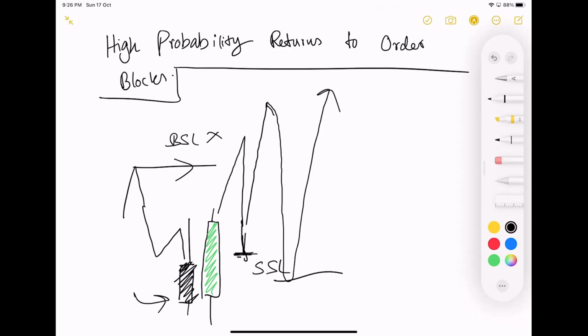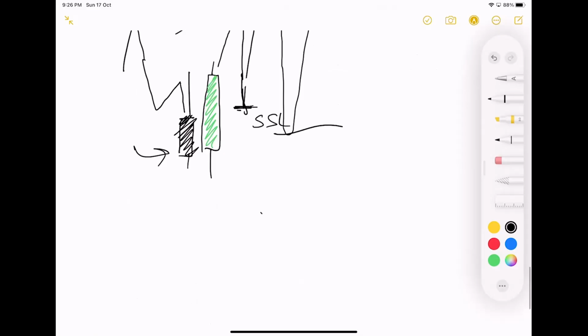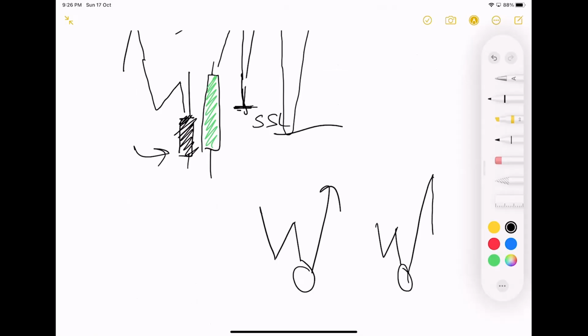So this is your classic inducement into an order block, and this is another scenario where an order block is highly probable. This says that you have two high probability returns to order block scenarios, not just one. Your first one is you have the stop hunt, order block forms inside that area. Then you have stop hunt, order block forms there, goes up, engineered liquidity here, and then price comes into an order block.